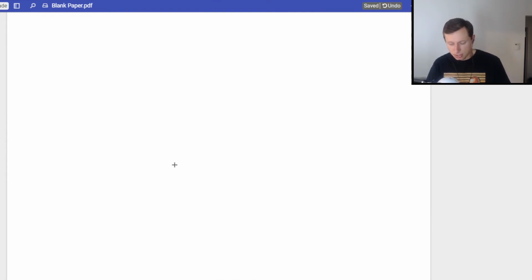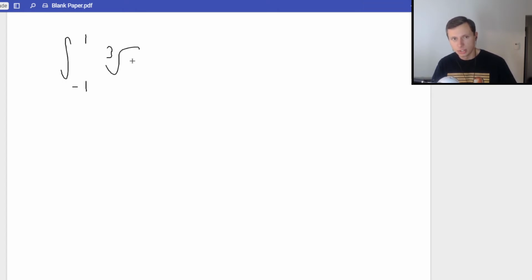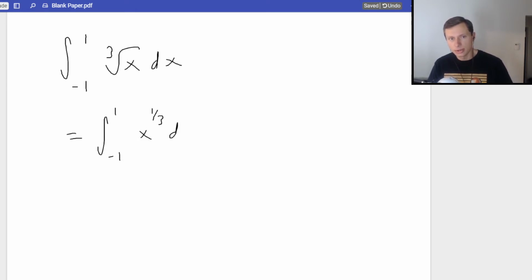Okay, so the next one we have another definite integral. It's the integral from -1 to +1 of the cube root of x dx. So instantly, the first thing I'm going to do is rewrite cube root as x to the 1/3 power. So -1 to +1 of x to the 1/3 dx, just like that.